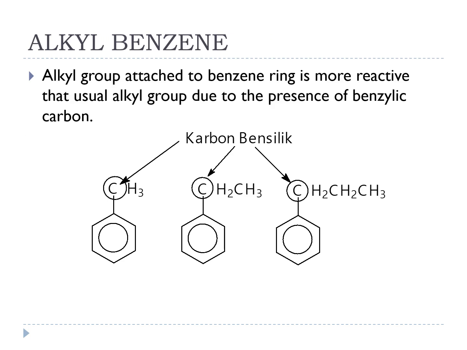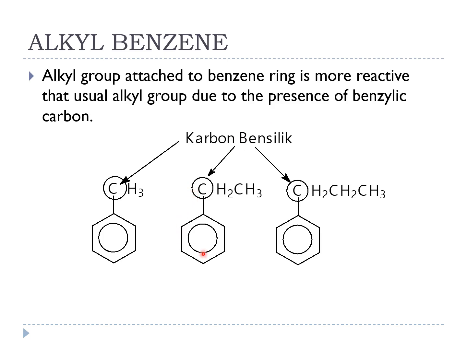Okay, in alkylbenzene you can see that there is a carbon attached directly to the benzene ring, and this is called the benzylic carbon. The benzylic carbon is more reactive than the usual alkyl carbon.